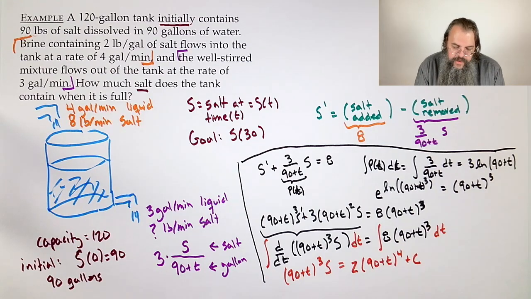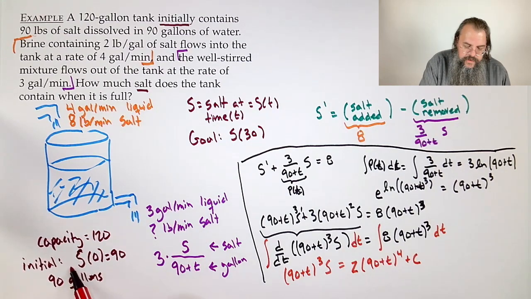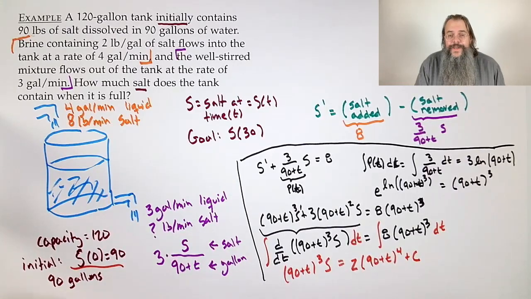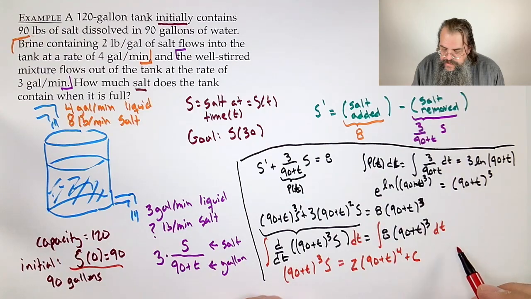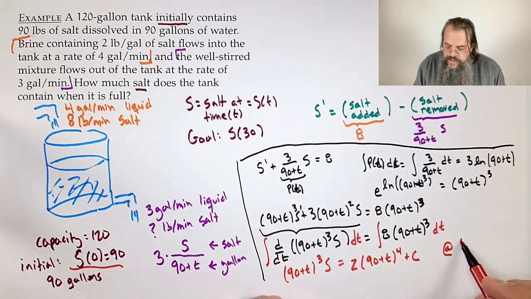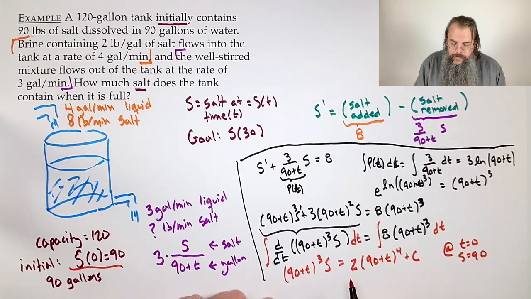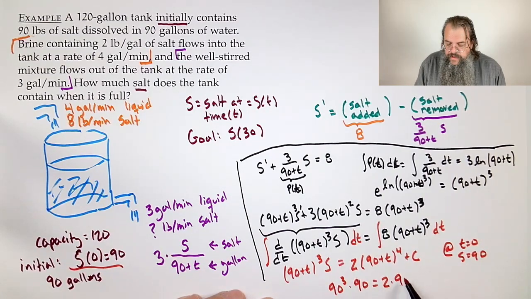Now, from here, we can actually solve our initial condition. So what do we have? We were told that at time t equals 0, s equals 90. So what do we have? Plug it in. So we're going to get 90 cubed times 90 is equal to 2 times 90 to the 4th plus c.